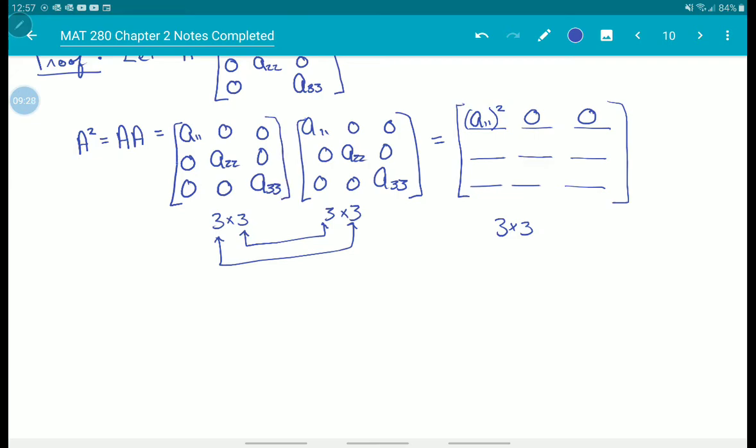So we're going to do the same thing. We're going to use second row, first column. So we're going to have 0. Second row, second column, we're going to see that A22 squared come out if we use the multiplication algorithm. And then third column gives us a 0. And then using that last row, first column, gives us a 0.